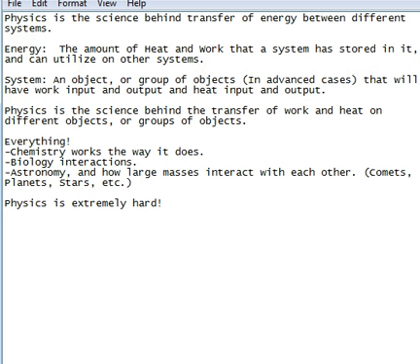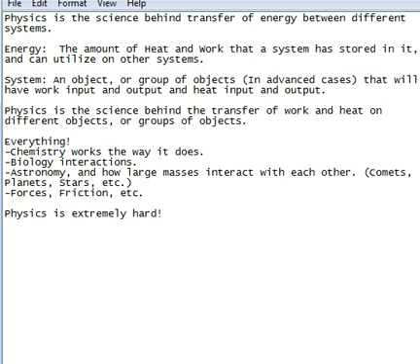Oftentimes it is not taught completely. It is a really hard subject just because of how much information there is about physics, about forces, friction. Everything about that is explained in physics.